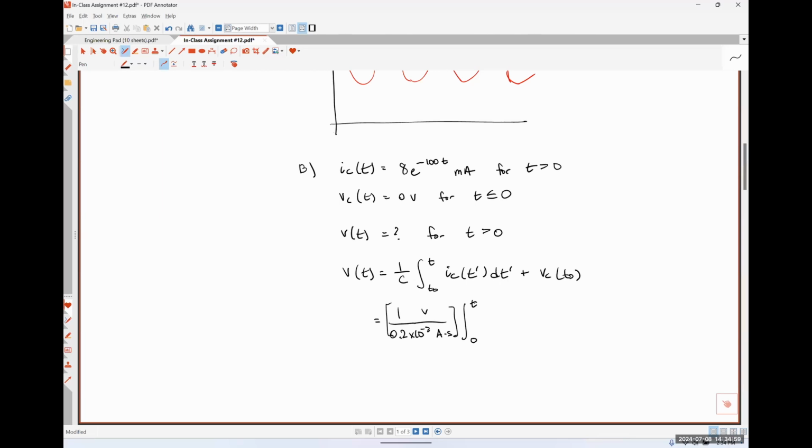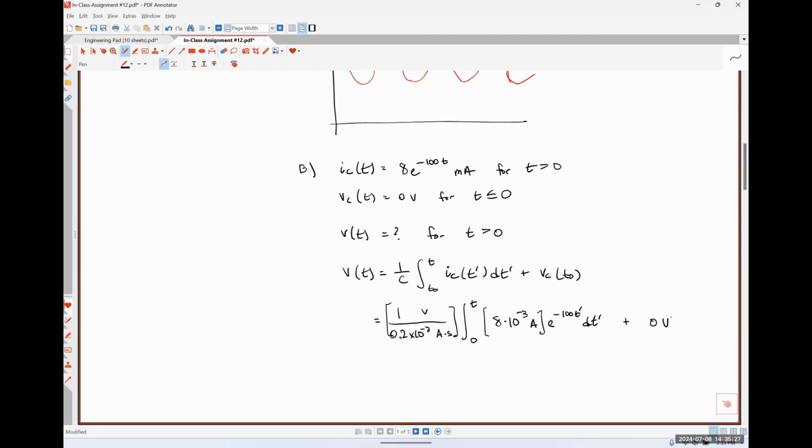Now we're going to substitute in our capacitor current relationship. So that's 8 times 10 to the -3 amps e to the -100t prime dt prime. And then we're going to add our initial condition in, which was given as just 0 volts.